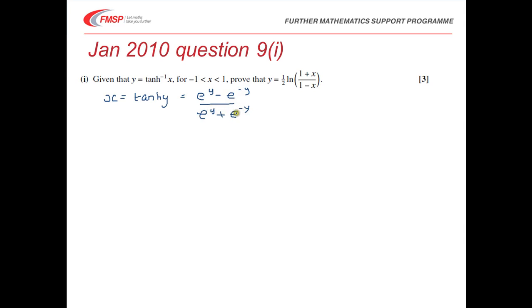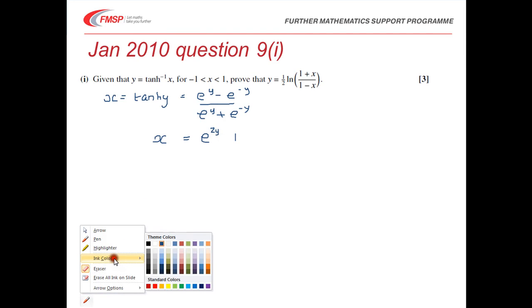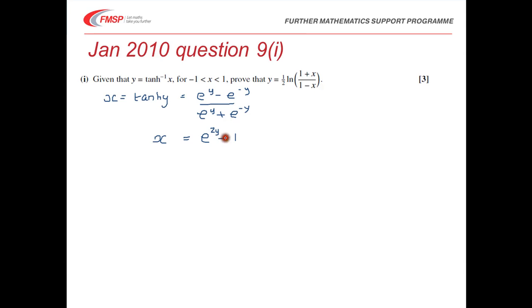So the halves obviously cancel out. We could multiply top and bottom line by e to the y, so we end up with x equals e to the 2y plus 1, minus 1, that should be, of course, shouldn't it? Minus 1 there.